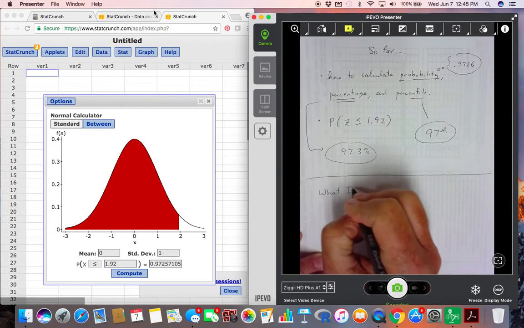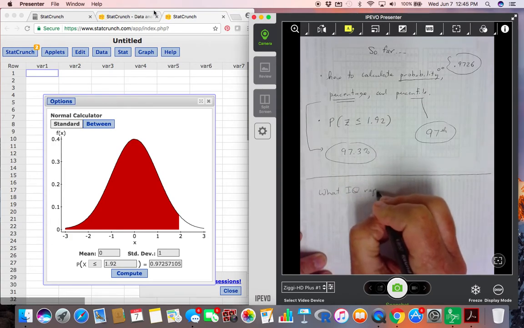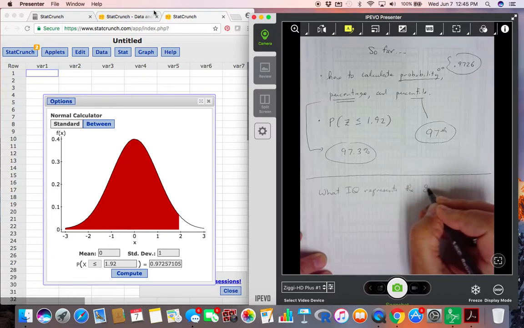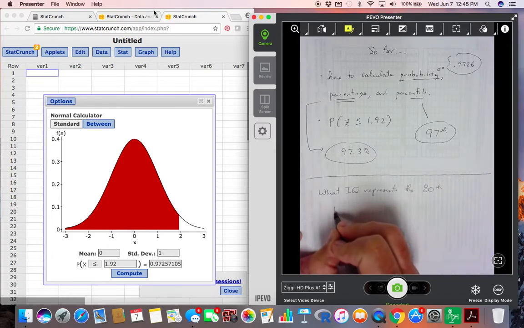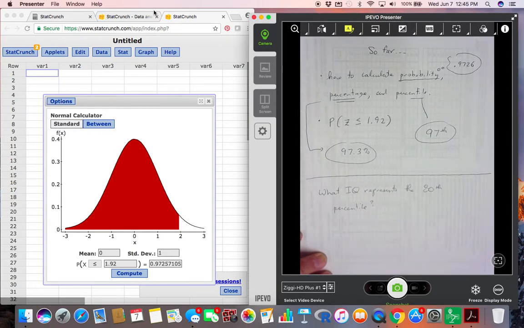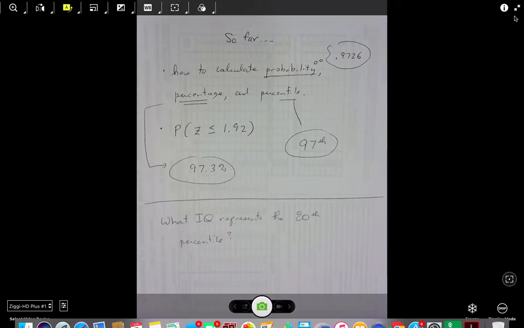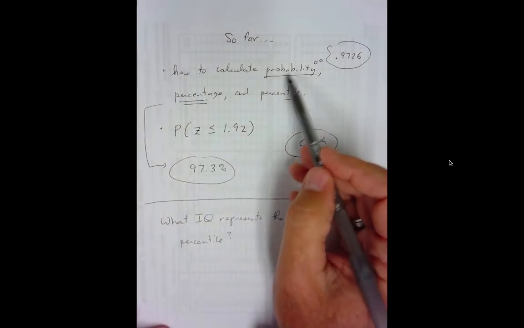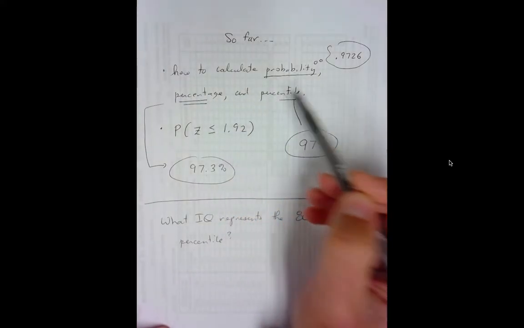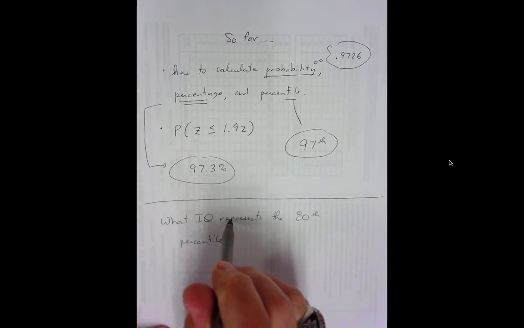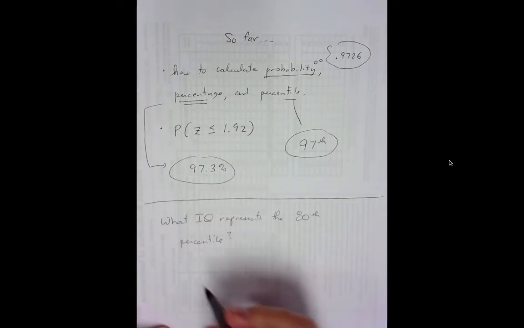What IQ represents the 80th percentile? Now, gang, what we got going on now is completely different. We're not asked to find a probability, a percentage, or a percentile. We are given the percentile, and we want to find the score that represents that.